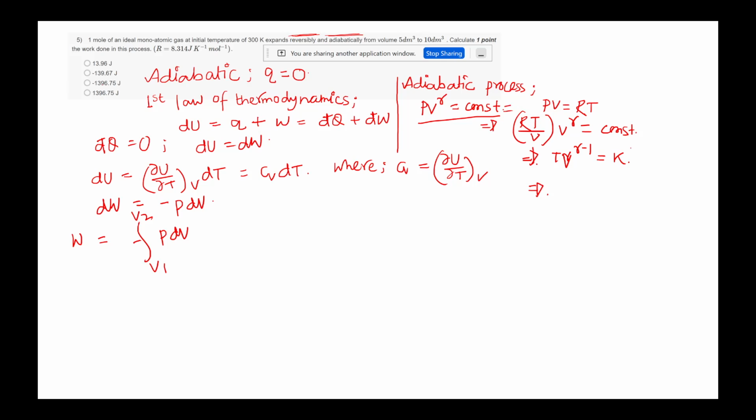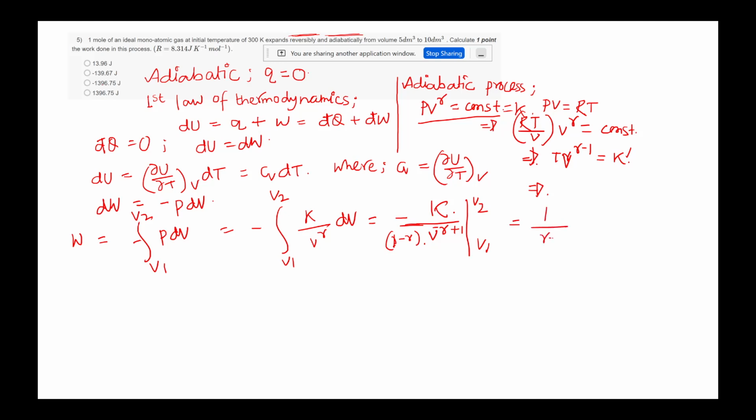So let's say this is K prime and this is K, so we can write it as minus the integral from V1 to V2 of K by V to the power gamma dV, and if you do the integration, then it will be V to the power minus gamma plus 1, from V1 to V2, with some constant K, that would be 1 minus gamma, and we can write it as 1 by gamma minus 1.